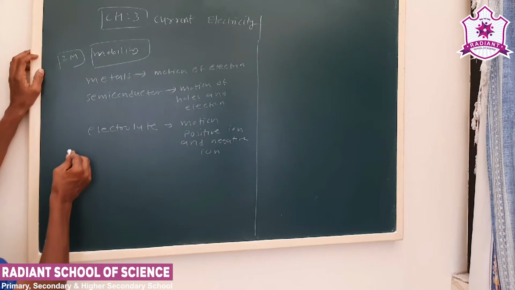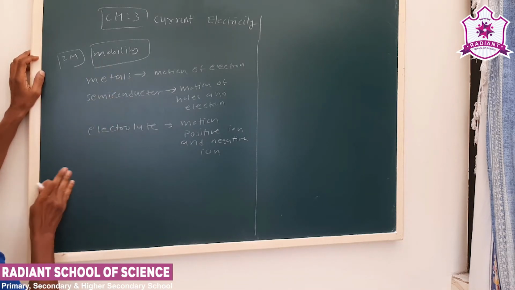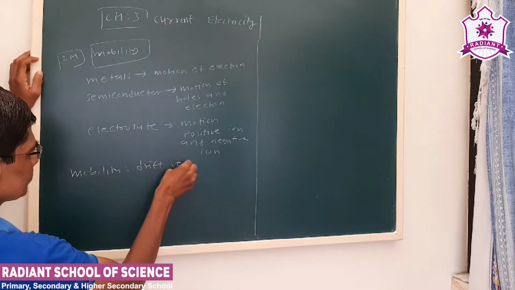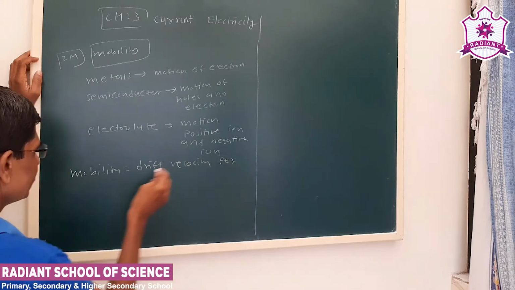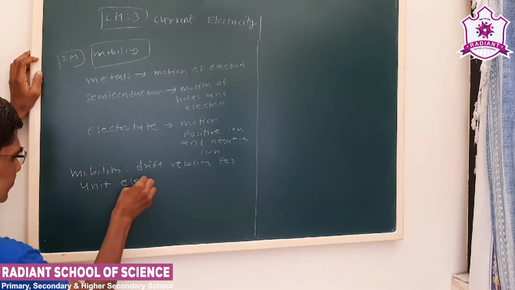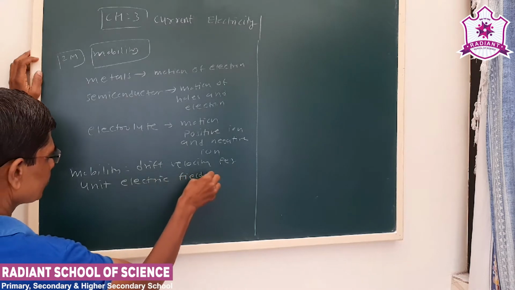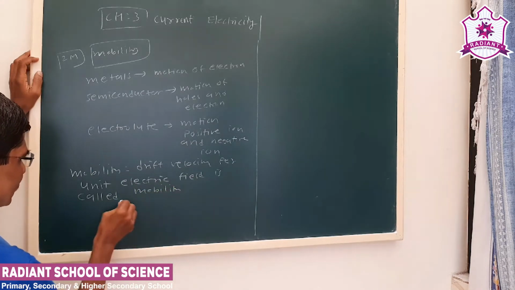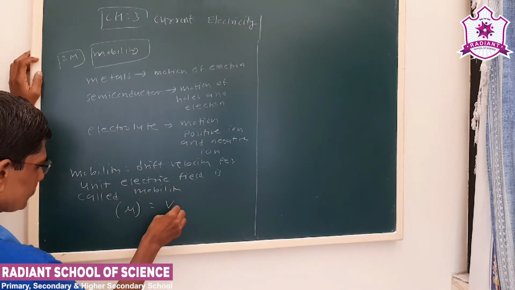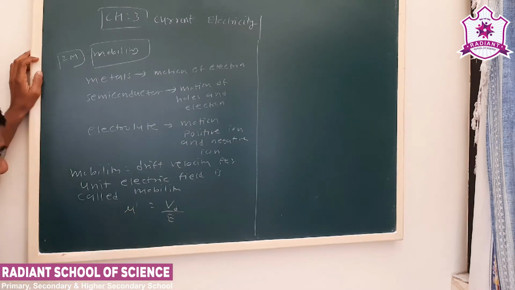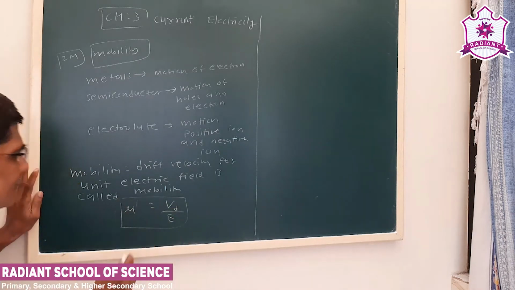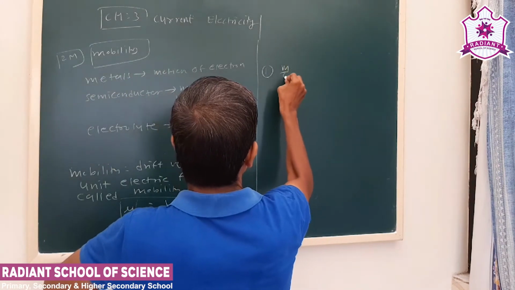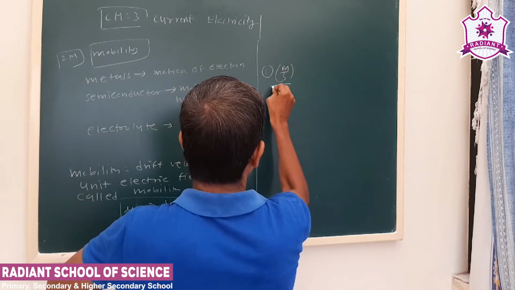Now see, mobility: drift velocity for unit electric field is called mobility, mu. Now, first we write the unit. The unit of velocity is meter per second, and electric field is Newton per coulomb.